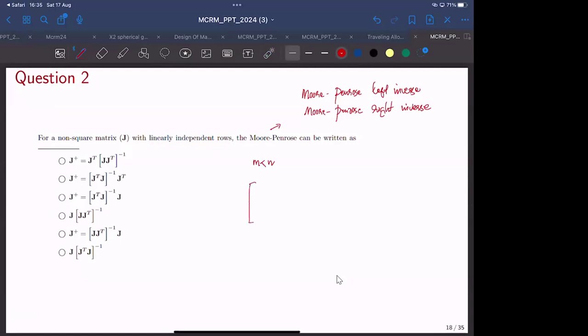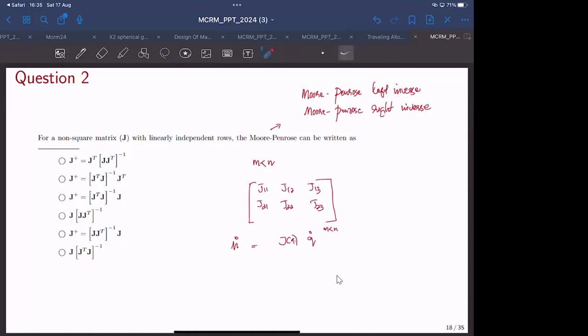So the matrix would be a wide matrix, for example J11, J12, J13, J21, J22, J23. So this is the Jacobian matrix. Mu dot would be J of q times q dot.